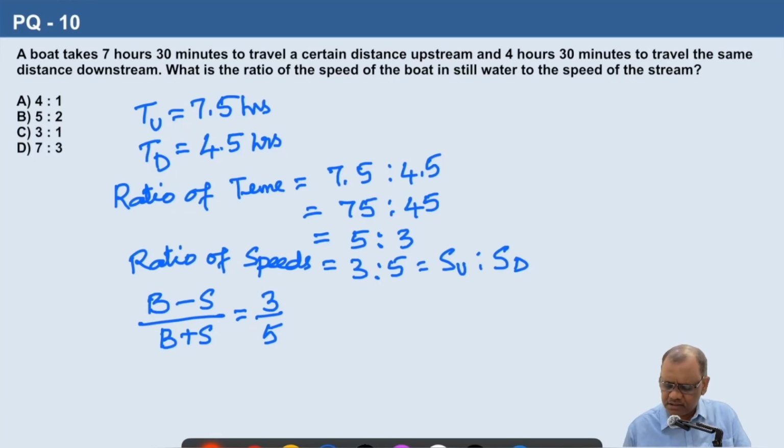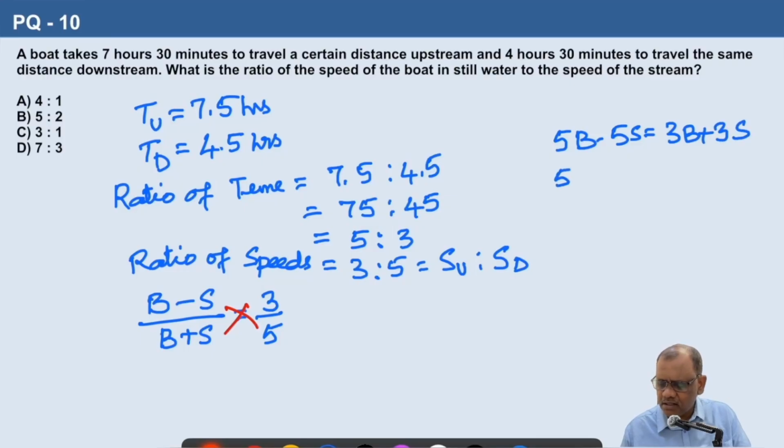Simplify this. By cross multiplication, 5B minus 5S is equal to 3B plus 3S. Taking the B terms to one side, 5B minus 3B equals 3S plus 5S, which gives 2B is equal to 8S.